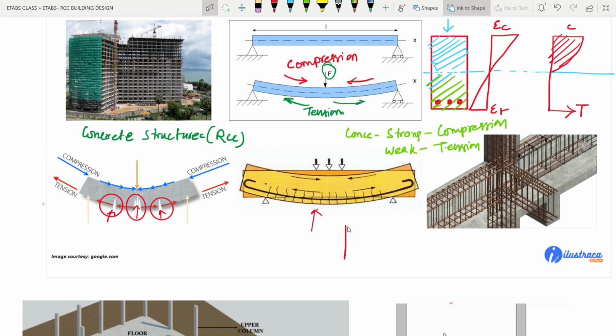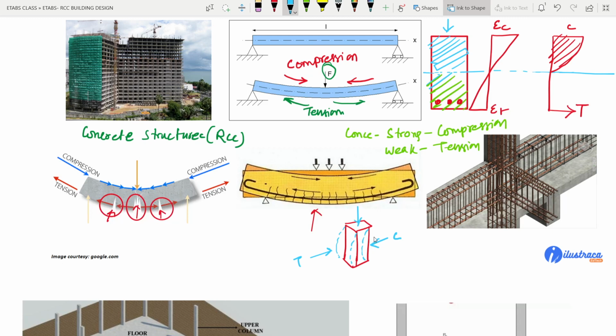If I draw a column, suppose in 3D mode, like in isometric view, obviously if I have a load like this, there may be bending in the column like this. It is also possible. So this particular side will be under compression, this side will be under tension, right? So to tackle the tension, we need to provide the reinforcement.